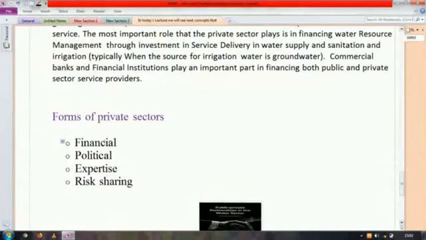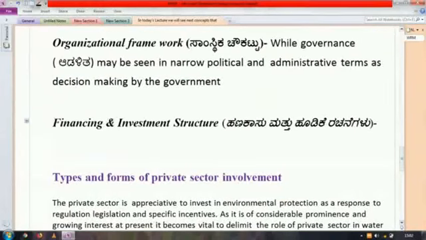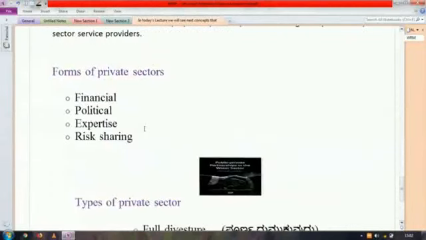The financial aspect again comes to the financing and investment structures. Whatever the private sectors are, they need to contribute or collect some kind of funds, and the government passes on the cost and work of raising funds to implement the betterment of existing water systems. This covers the forms of private sector in the financial aspect.